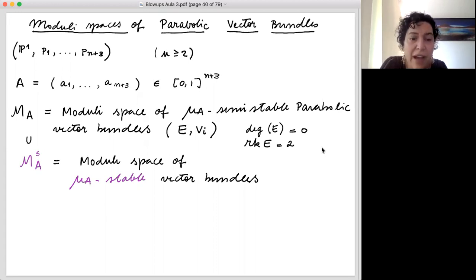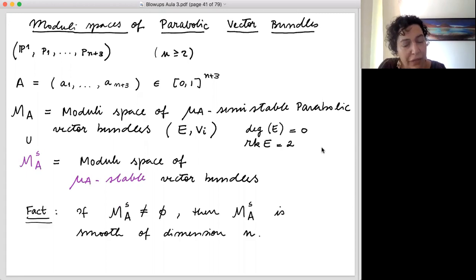So for instance, if I consider the open subset parametrizing mu-stable vector bundles, this is always an open subset of the moduli space. And in fact, if this open subset is non-empty, then it is smooth of dimension n.